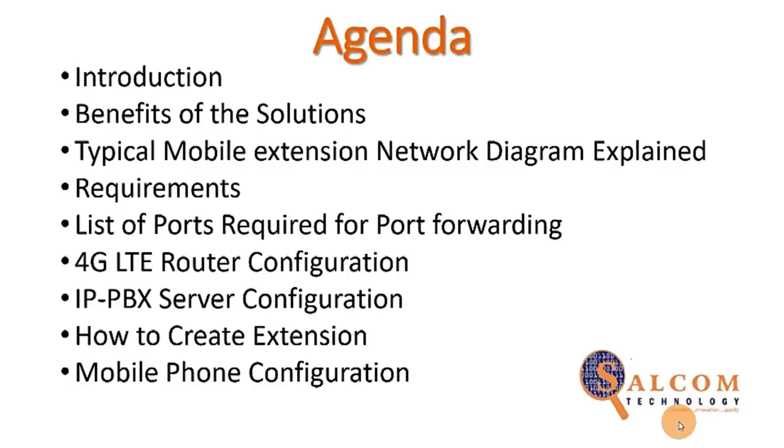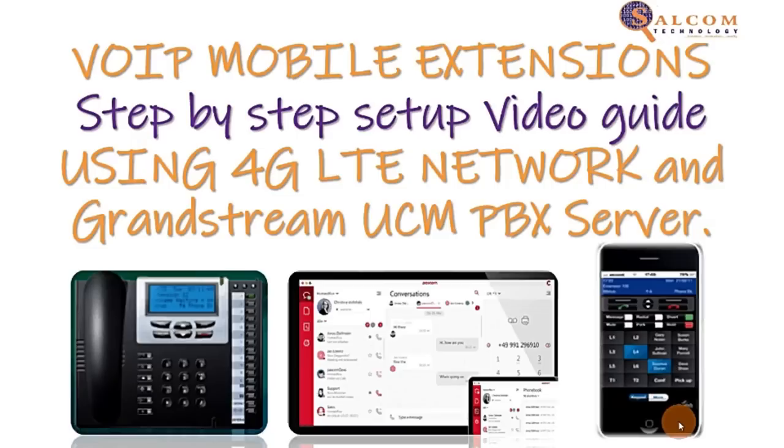Then also the server has to be configured to be able to receive requests externally, to be reachable, and to create extensions on it. After that, we look at the phone configuration on the mobile devices, either laptop, or on the phones, or on any other mobile gadget that is allowed.